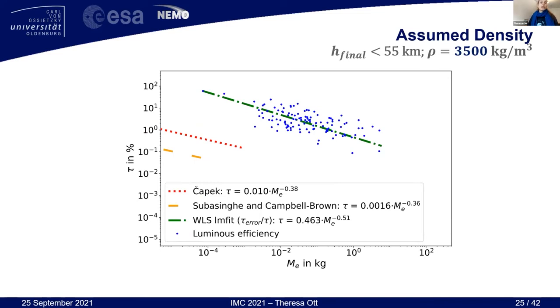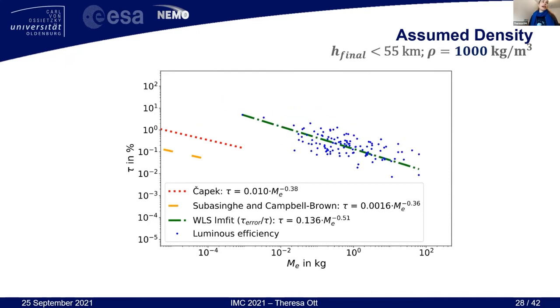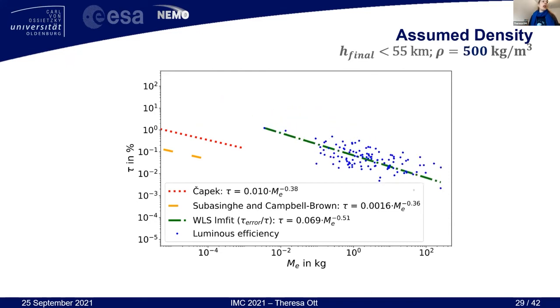And if we now have a look at all the other events, the sporadics that we could not assign a shower association to, we use a constant density. Here you can see how it changes with different densities assumed. We start with 3,500 kilograms per cubic meter and end with 500.